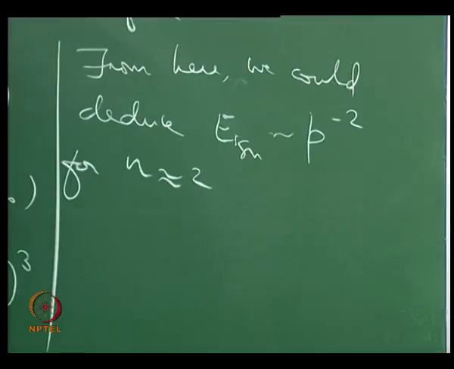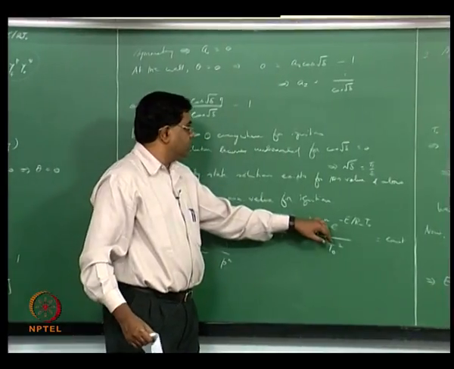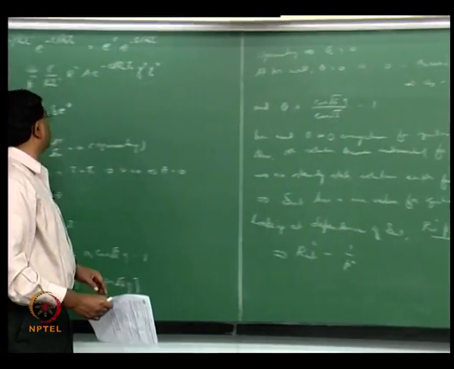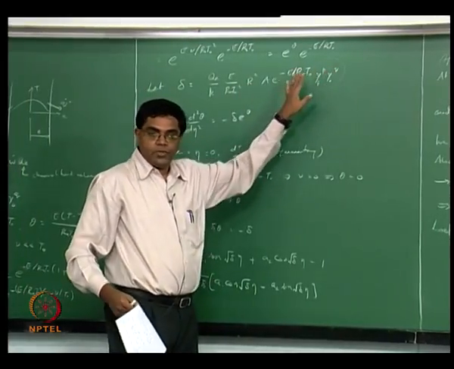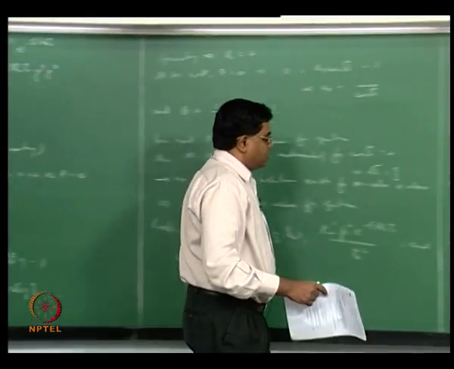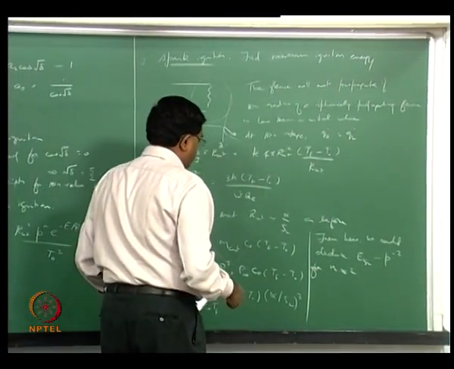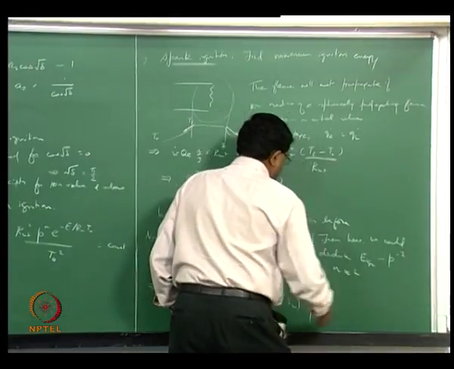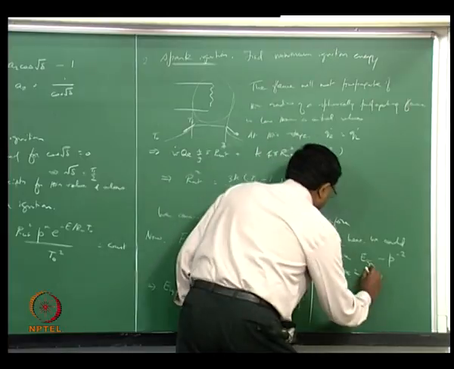This is for, if you now go back here, you are talking about P to the n. N is the order of the reaction. That means if you are looking at a global reaction with a law of mass action like this, it's essentially P plus Q, right. So n equal to 2 is the order of the reaction. If you plug that in there for the SL dependence on pressure, you should get this, taking other pressure dependencies in this expression into account, and this is for typical hydrocarbons.